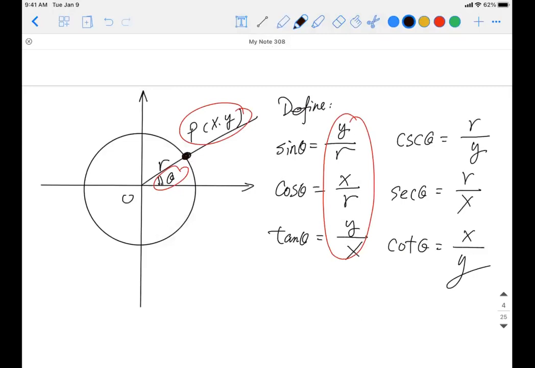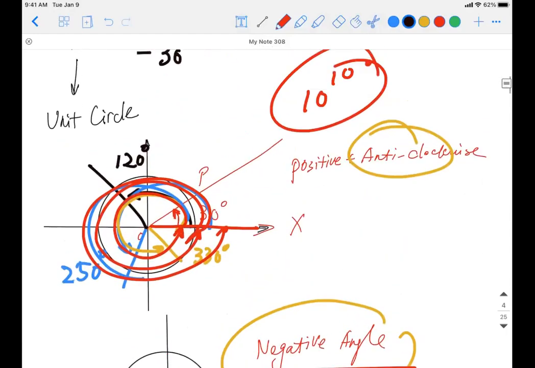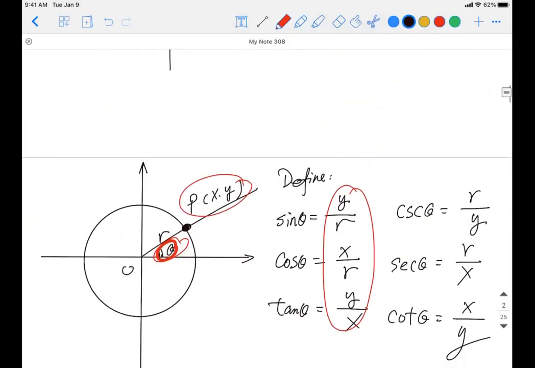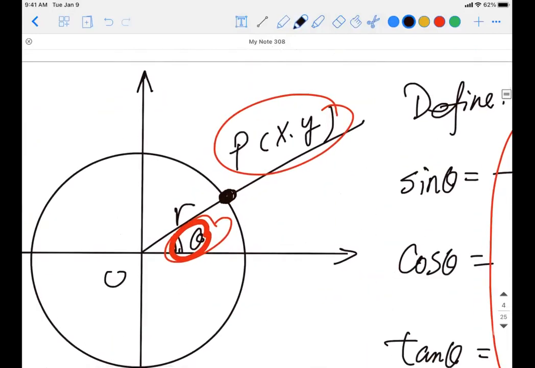Again, if you talk about everything from a right triangle, a relatively acute angle perspective, let's say my theta is only 30 degrees. Is it the same thing as our definition from the right triangle's perspective? Of course. Given an example, let's say theta is just 30 degrees.